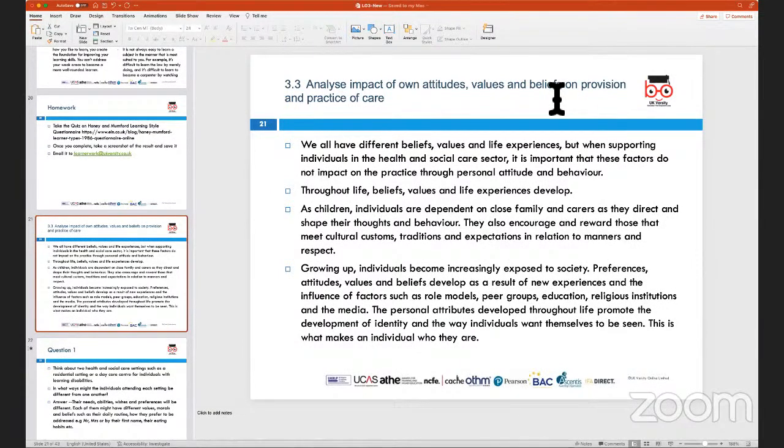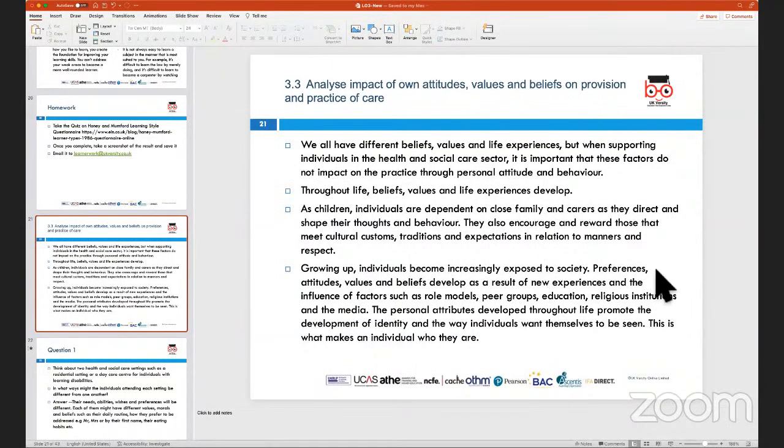When we look at the provision and practice of care, there are these three things: attitudes, values, and beliefs, which are going to be important for us to be able to deliver care to a particular standard to any person or any member of the public, whether the care is through an operation, a procedure, a doctor, a GP, or a nurse, or if they have had any condition or disease that they are recovering from.